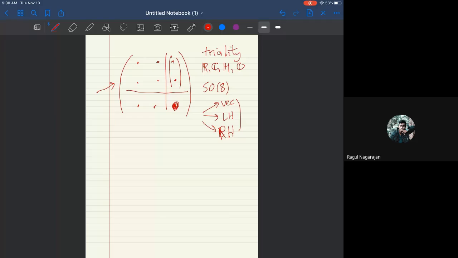I cut it up by fixing this element and letting the other guys mix, but instead I could have cut it up by fixing this element and letting the remaining complementary part of the matrix mix, in which case I would have gotten a different embedding of the standard model fermions in this algebra, or I could have fixed this third element. And so there are these 3 canonically related ways that are related by this triality symmetry.